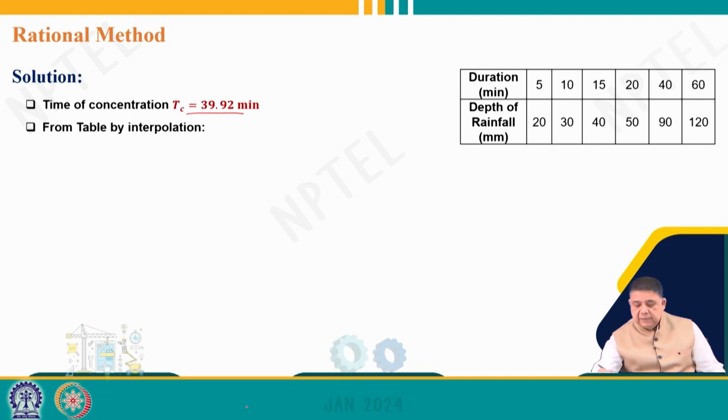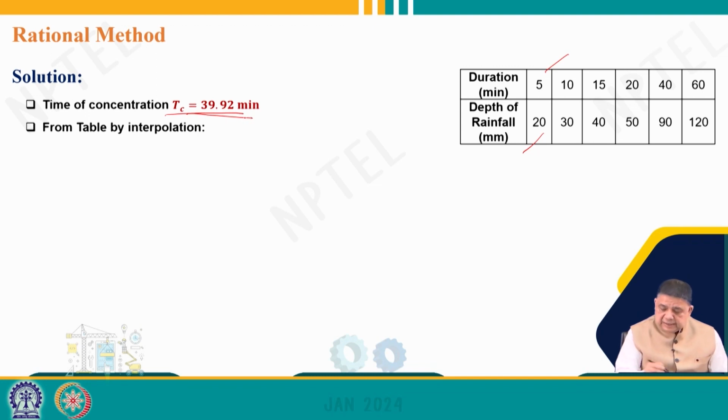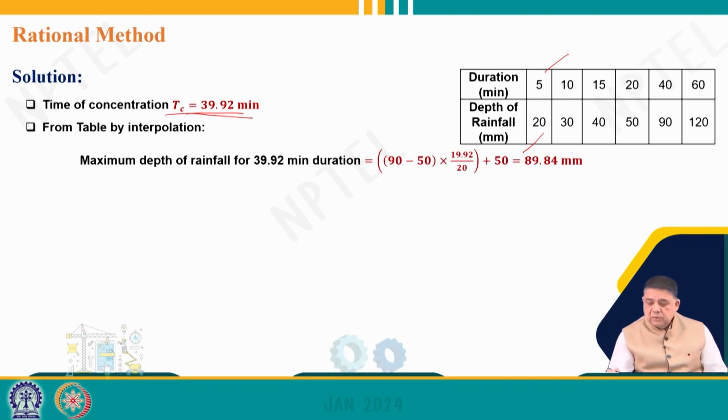Now, because we have been given the depth of rainfall for different durations, as we did in the earlier example, we have to first get the depth of rainfall corresponding to this time of concentration and then get the intensity. So, obviously 39.92 is very close to 40, but we have to interpolate between these 2 points.